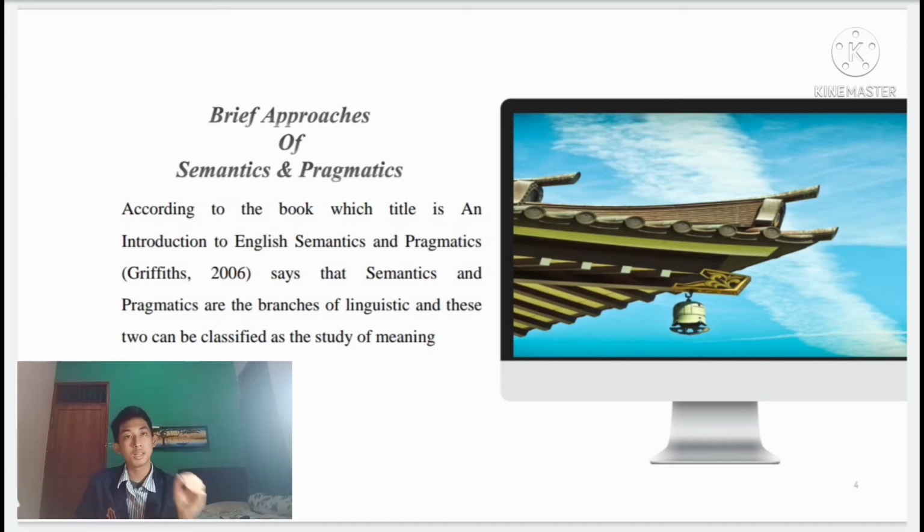And for semantics, you write the words "I'm off to work." There's a totally different meaning between these two. So that's the explanation of semantics and pragmatics.